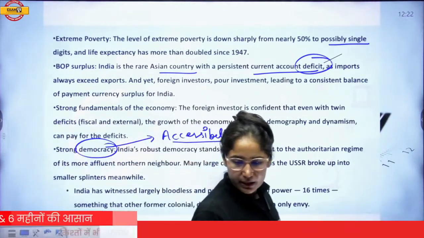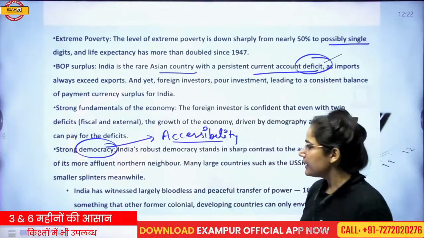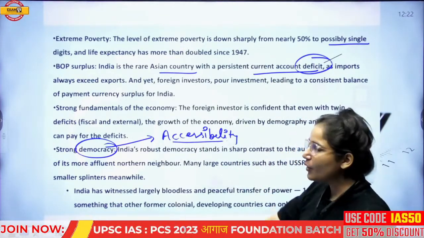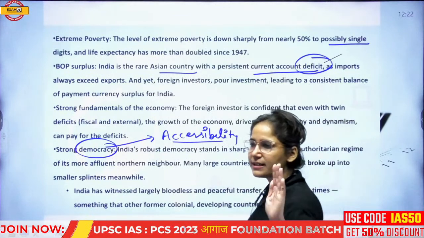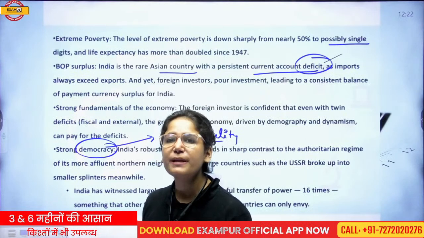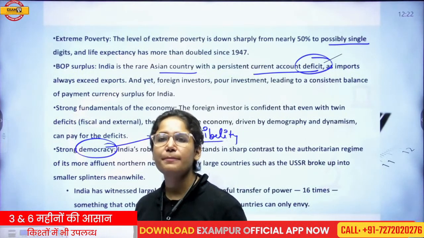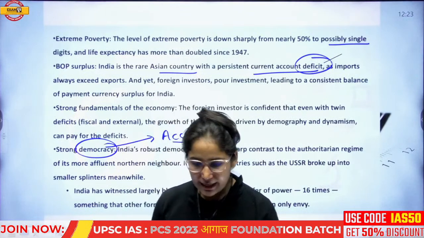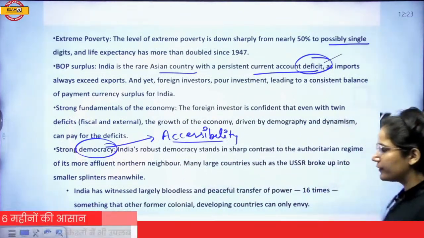Getting my point? This is what we are trying to make the association with. If you are getting any word in economics regarding democracy, it means there should be a hold of people. How would you hold people? By making the resources accessible on the economic part. This should be the better definition of the same.